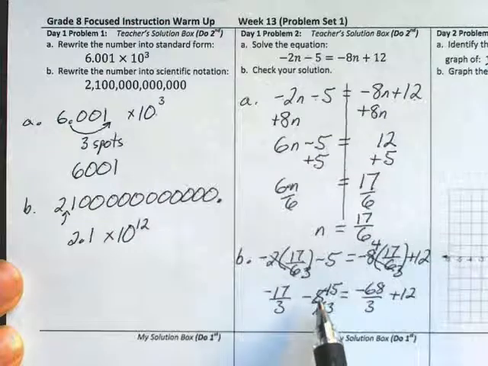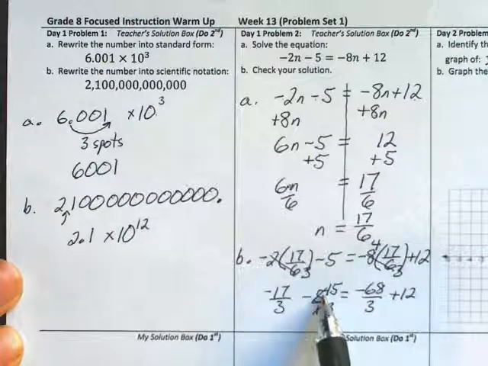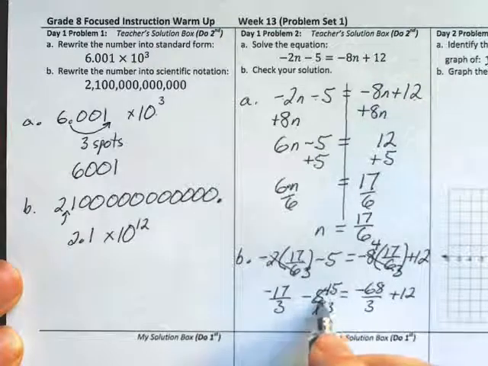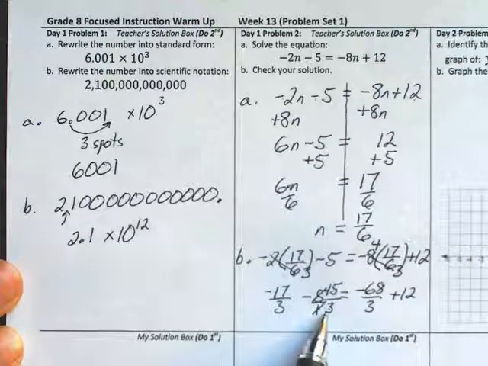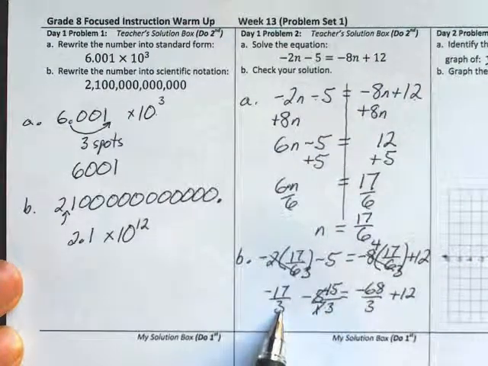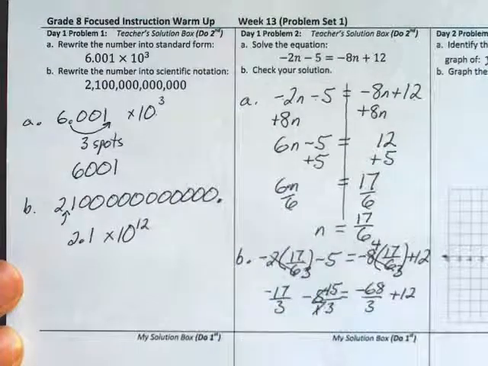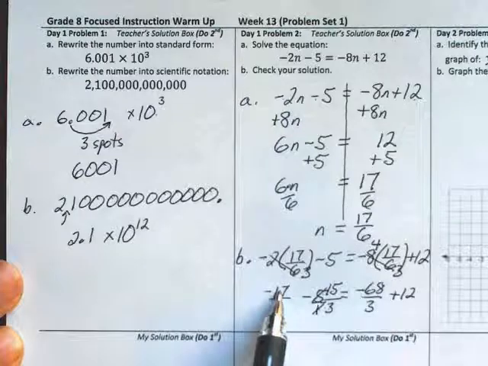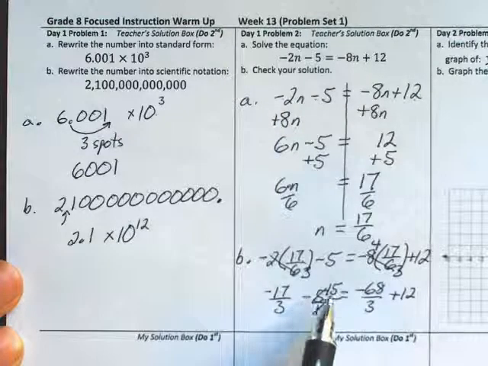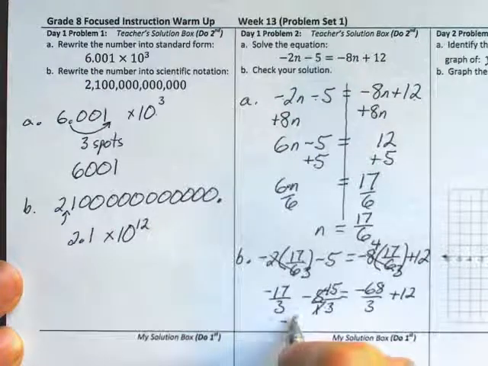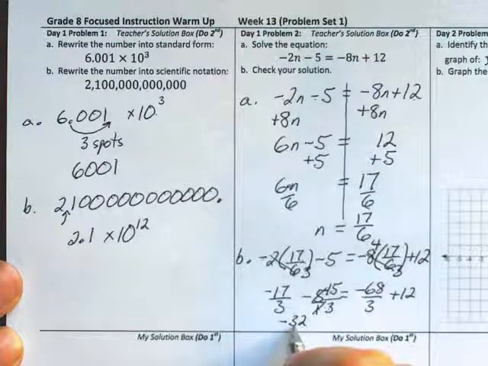So what we've done here is change the whole number of 5, or 5 over 1, into the fraction 15 over 3. That gives it a common denominator with this, which allows us now to combine together these two fractions. Negative 17 subtract 15 is negative 32 over 3.